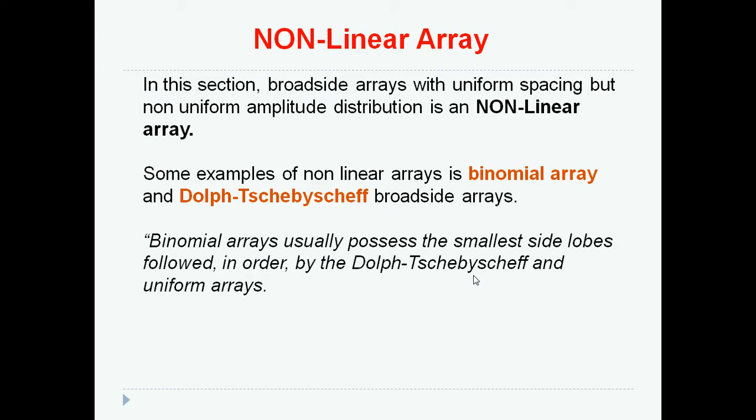In linear arrays, the elements of the array are equispaced and are fed with equal amplitude and equal phase or progressive phase. The arrays which are fed with equal phase are called broadside arrays, and the arrays fed with progressive phase are called end-fire arrays.